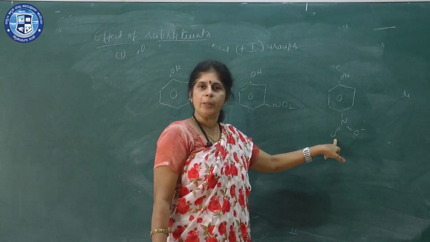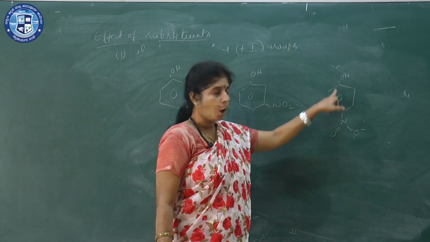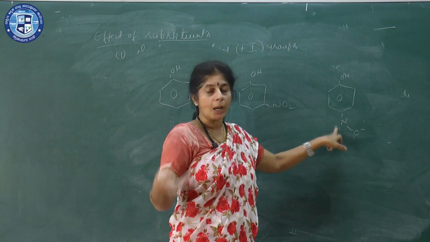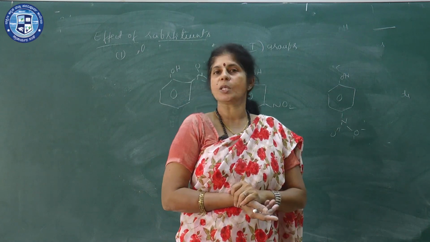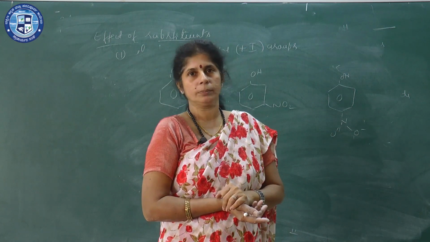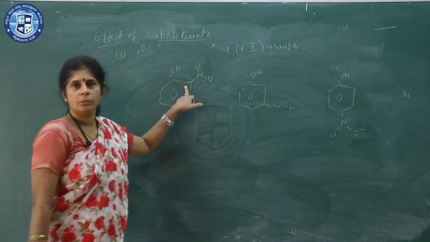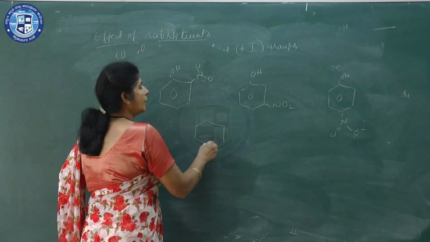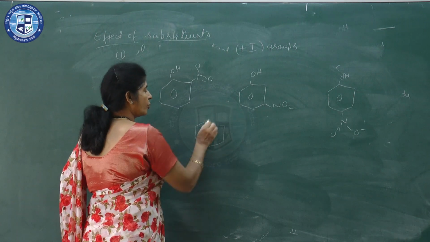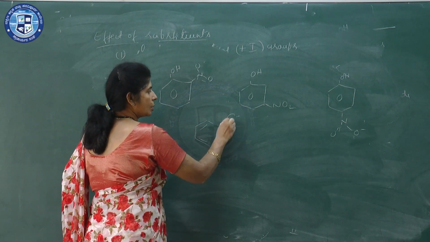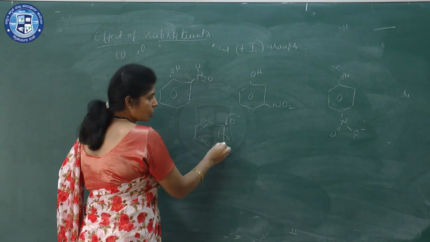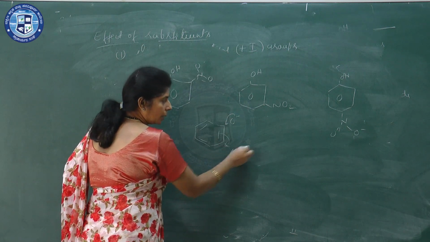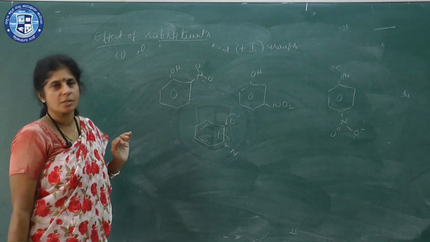One point I already mentioned: this is in the ortho position, so you can have a greater number of resonance structures involved. And we have seen, in writing the resonance structure of a phenoxide ion, the shifting goes like this. So here, at the ortho position, again it is possible to have a resonance structure.